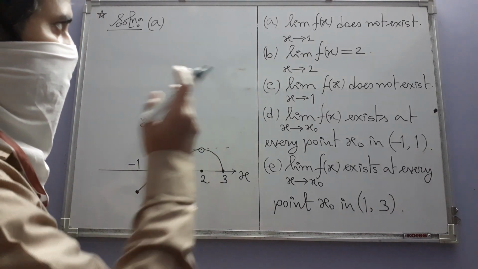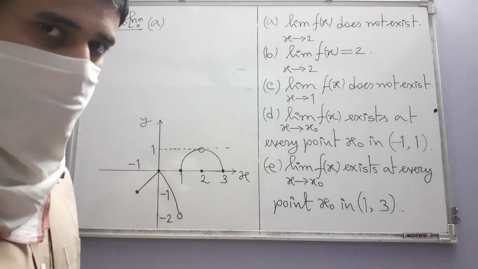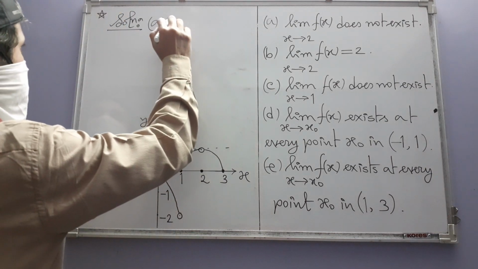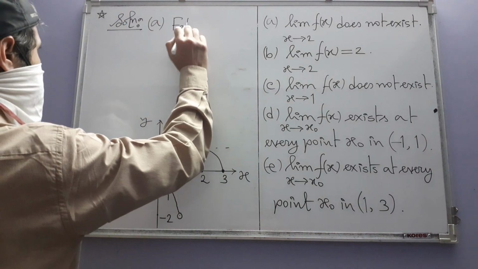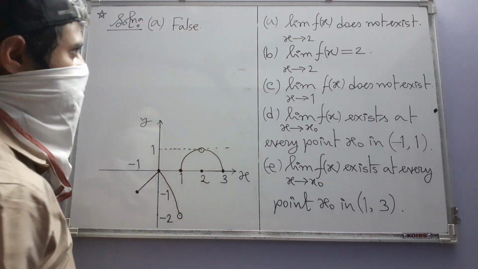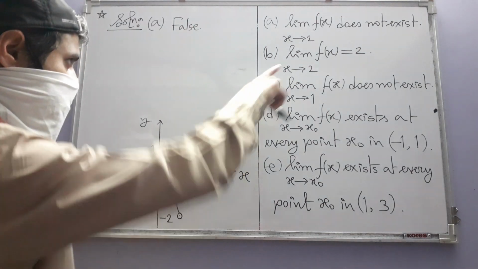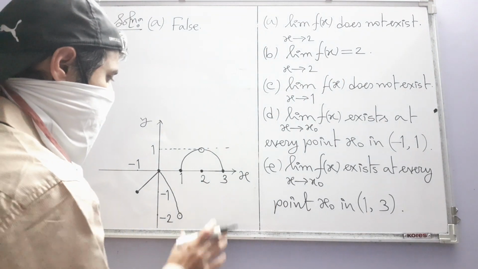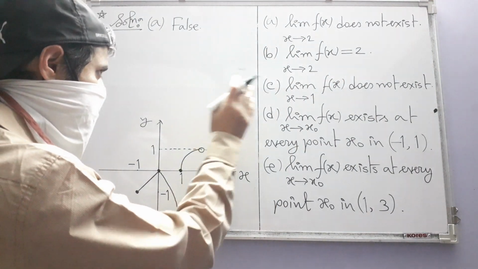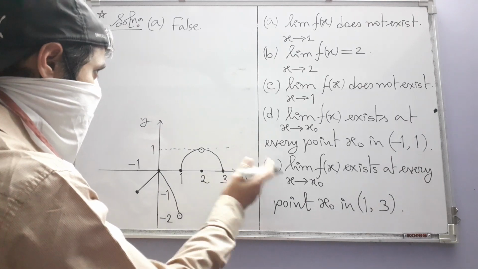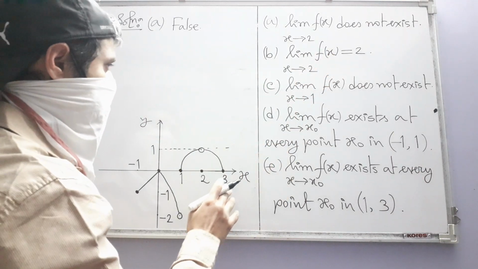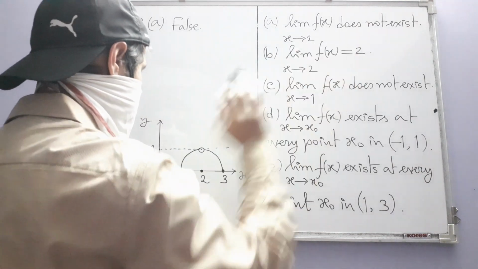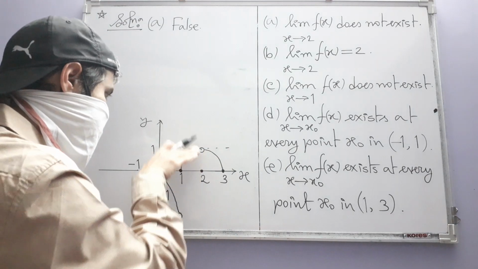So A is false. B is also false because although the limit at x equal to 2 exists, its value is not 2, its value is 1.